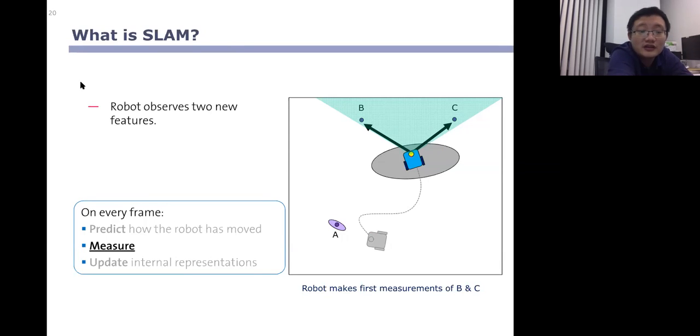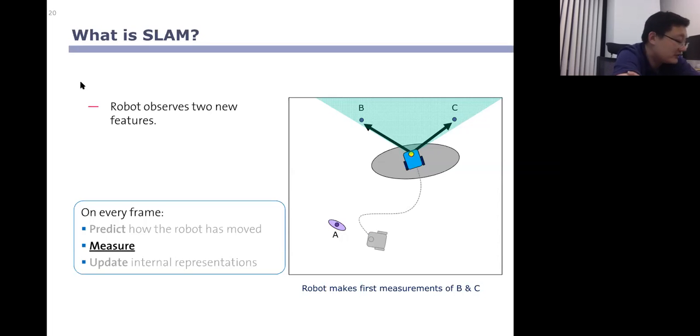Are you more certain or more uncertain about the positions of B and C, compared to the estimation of A? Is the estimation getting better or getting worse? It's getting uncertain, right?